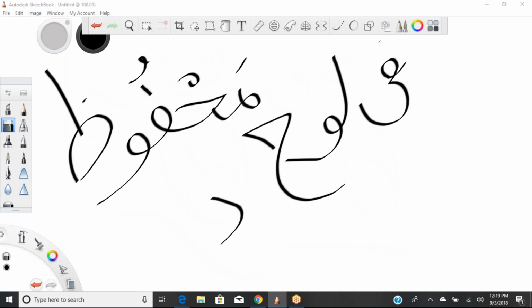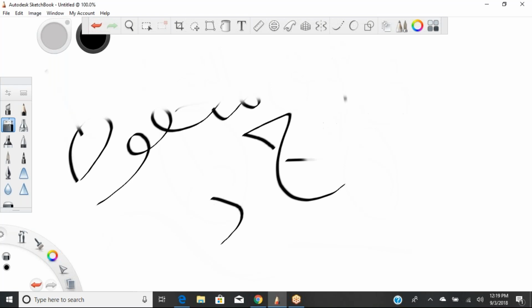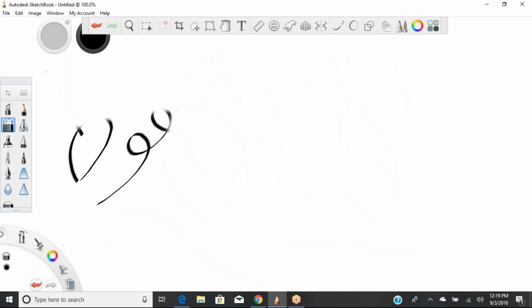Also, in another surah, I'm sorry, let me get a mushaf. There's another word that you all probably know, the surah, but that's why I just want to write this down. Surah Tariq.